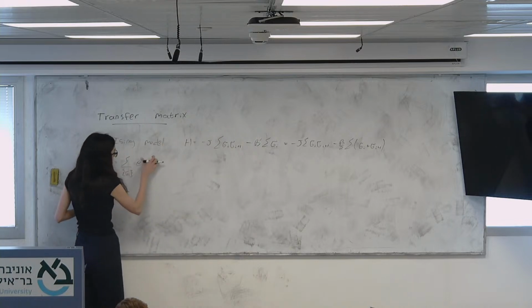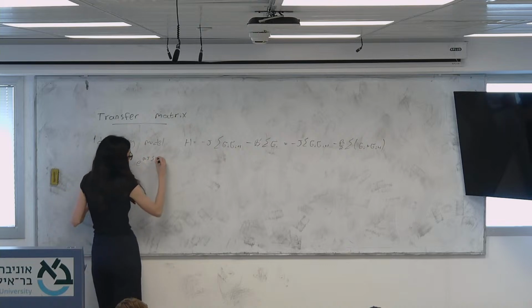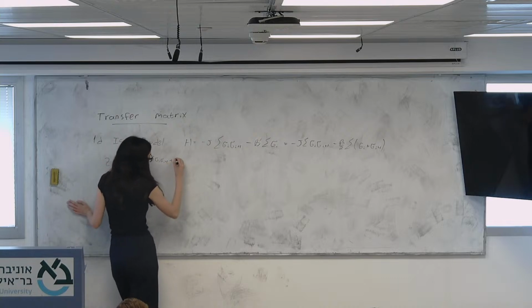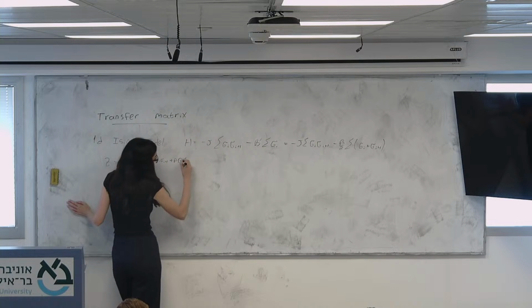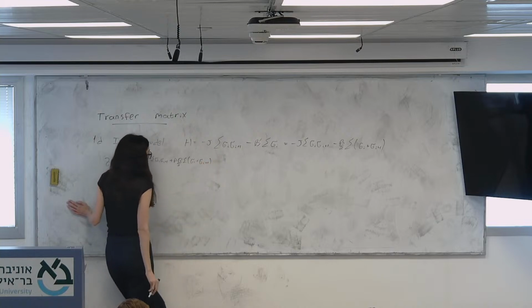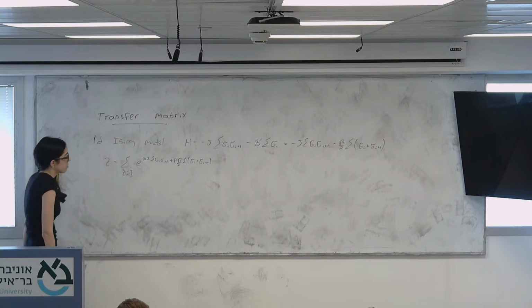So we have beta J sum over sigma i sigma i plus 1, and beta B over 2 sigma i plus sigma i plus 1.